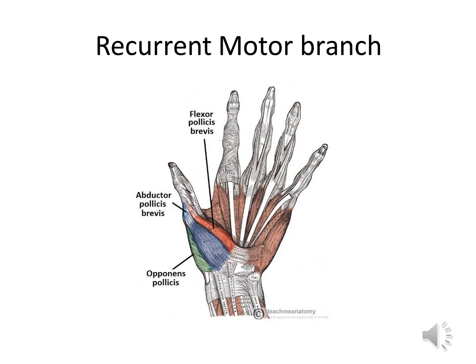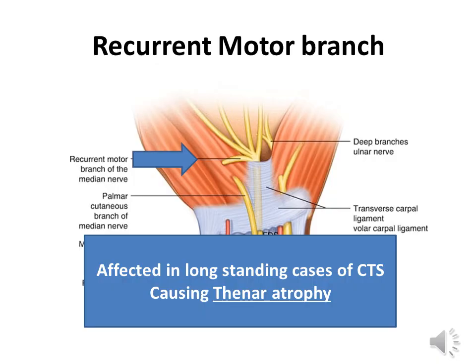It supplies the thenar muscles, which are flexor pollicis brevis, abductor pollicis brevis, and opponens pollicis. So, as we said, it arises from the median nerve after passing below the transverse carpal ligament. In long-standing cases of carpal tunnel syndrome, this recurrent motor branch is affected, causing thenar muscle atrophy.